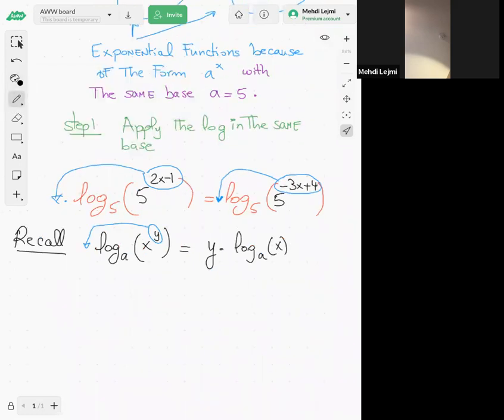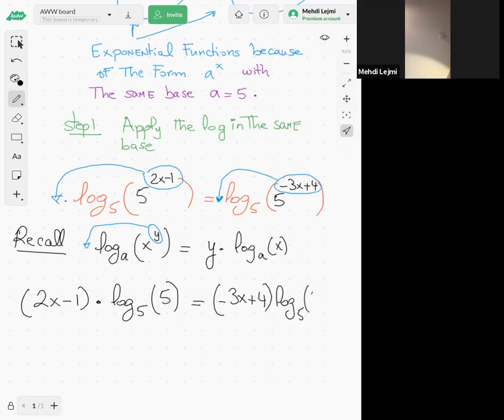Once you put the exponent in front of the log, you're going to have 2x minus 1 times log in base 5 of 5, and on the right side, minus 3x plus 4 times log in base 5 of 5. Now, this log in base 5 of 5 is actually equal to 1, because log in base a of a is equal to 1 for any a.